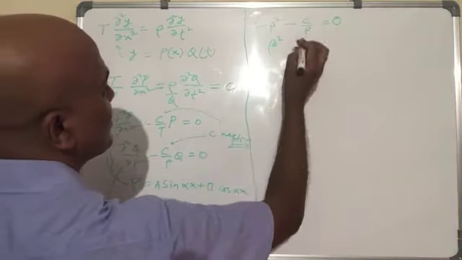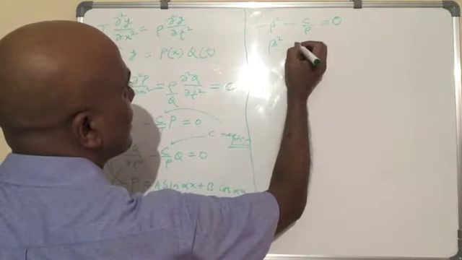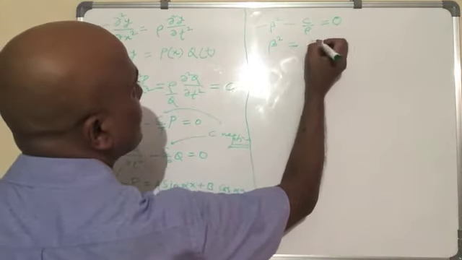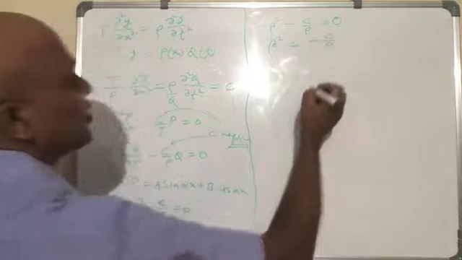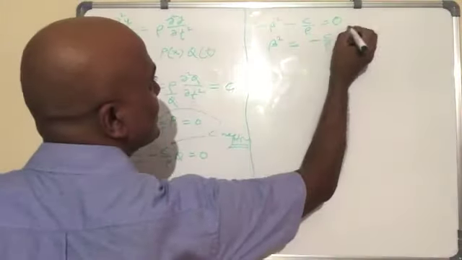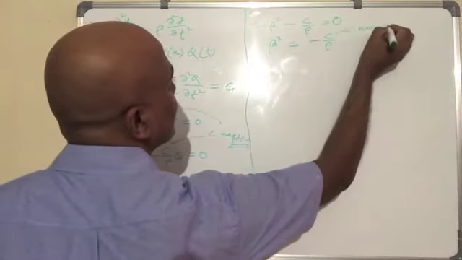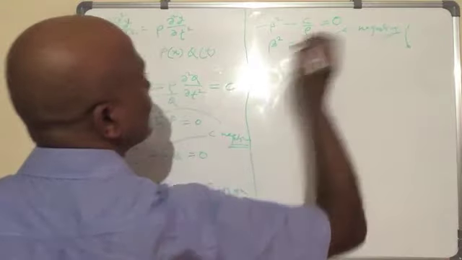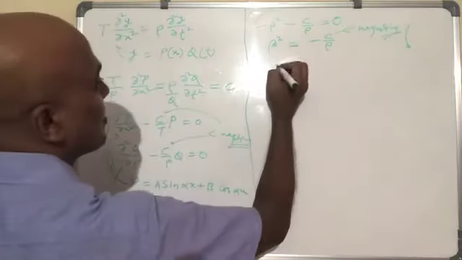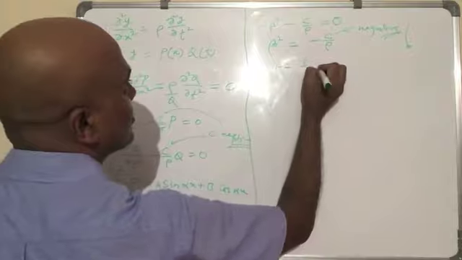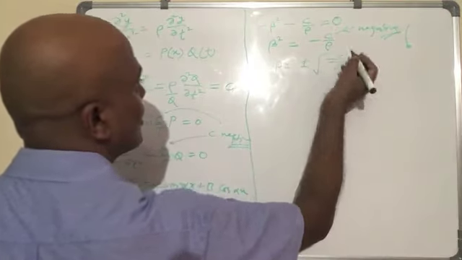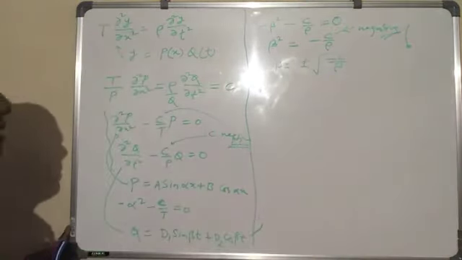Then C is negative. So beta square equal to minus C over rho, and we want C to be negative to work, right? Okay, and then it will work. Beta equal to plus minus root minus C over rho. This is going to work.